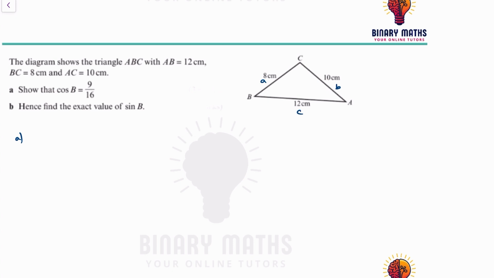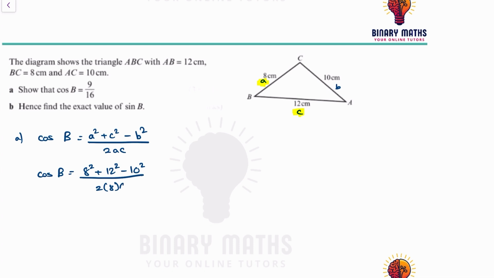If I rewrite the cosine rule, cos B is equal to a squared plus c squared, because it's the other two, not the one opposite B, minus b squared, all over 2ac, which means cos B will be equal to 8 squared plus 12 squared take away 10 squared over 2 times 8 times 12, which gives us 9 over 16, which is what we wanted.